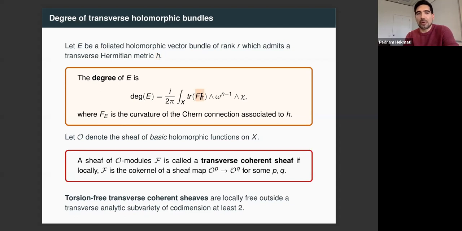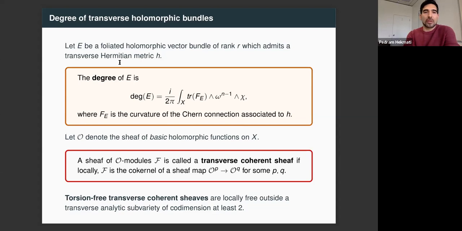A priori this definition would depend on the choice of metrics, but it turns out that if you change your metric, the trace of the curvature of the Chern connection will change by exactly a DD closed form. So now you can use the fact that your manifold is Gauduchon and use the basic Stokes theorem to show that this definition is actually independent of the choice of transverse Hermitian metric on E.